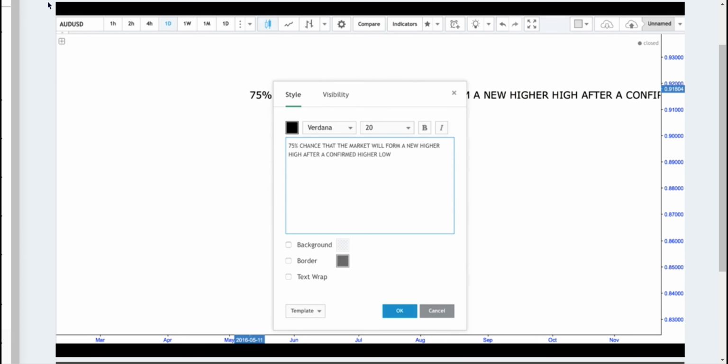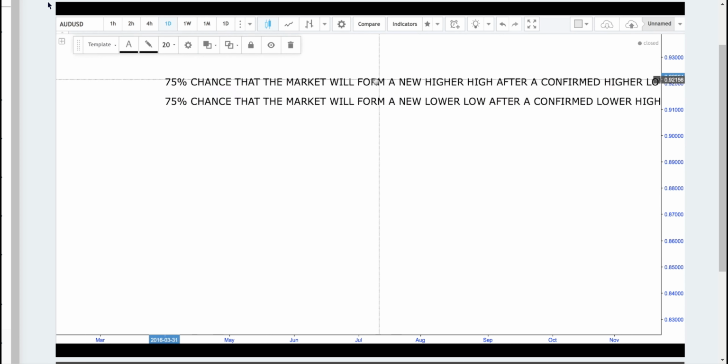And vice versa, a 75% chance the market will form a new lower low after a lower high.